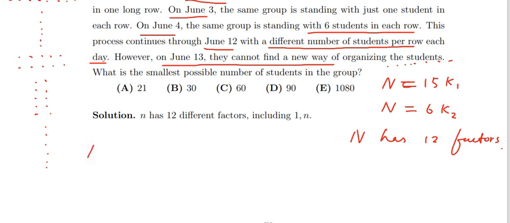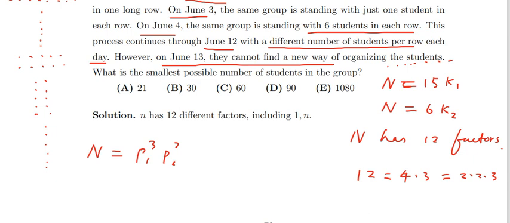n can be, let's say, 12 can be equal to 4 times 3, or can be 2 times 2 times 3, right? If it is 4 times 3, then n can be p1 cubed times p2 squared.